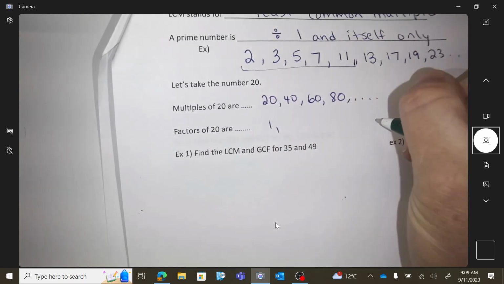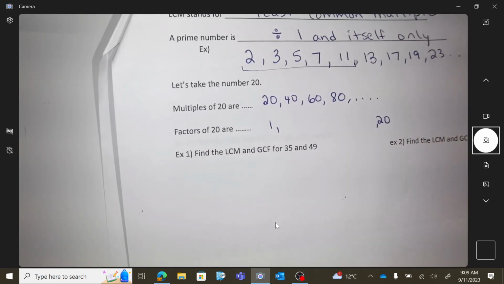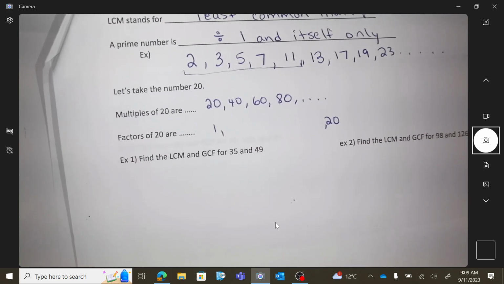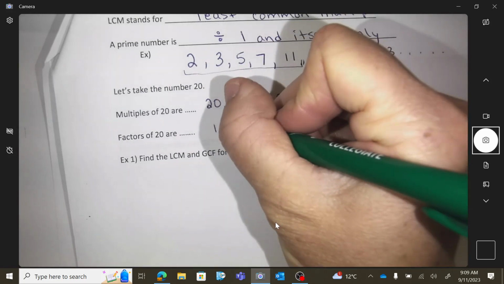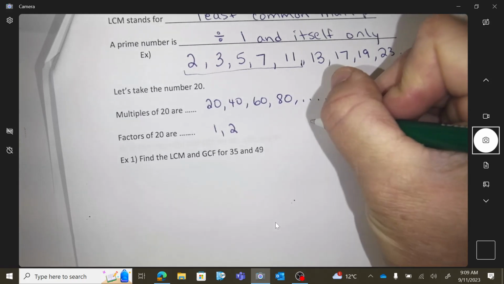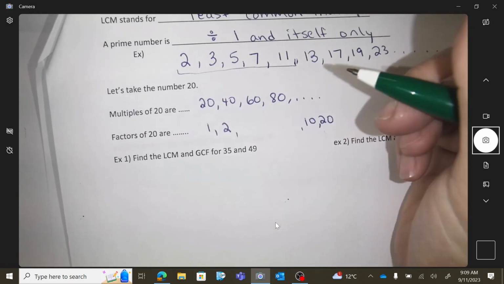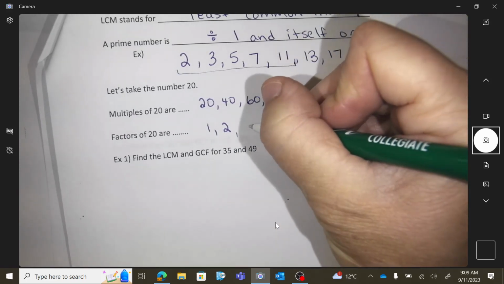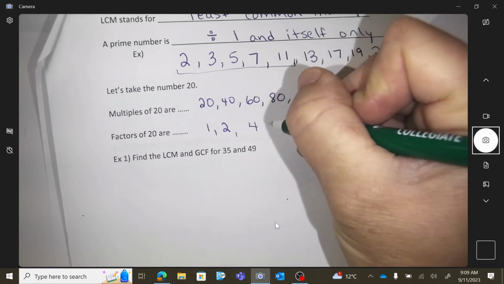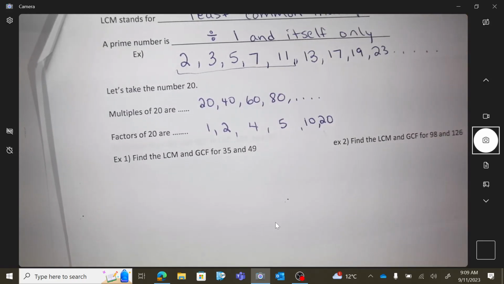So 1 and 20 are factors. 20 is also divisible by 2 and by 10. And it's also divisible by 4 and 5. So those are all the factors. Okay, so this is how we start.